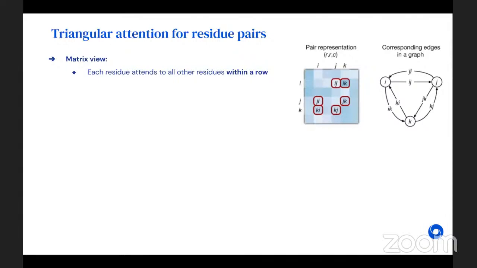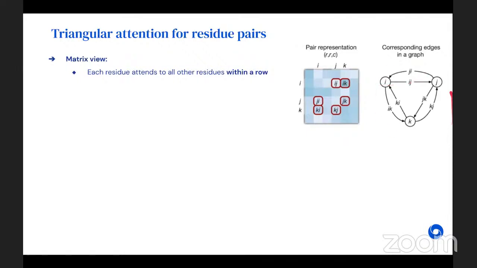So how does this work? Within the residue pair representation, the starting point is within each row. Again, all residue pairs will talk to each other. So for example, within this row, IJ will talk to IK and to all others, right? So everyone talks to everyone here.